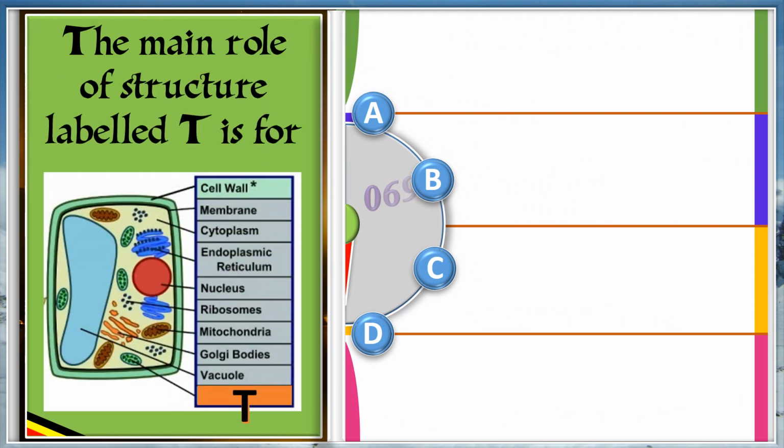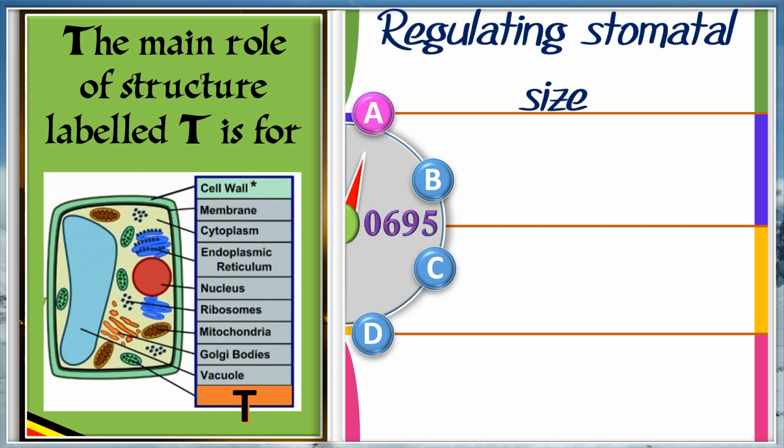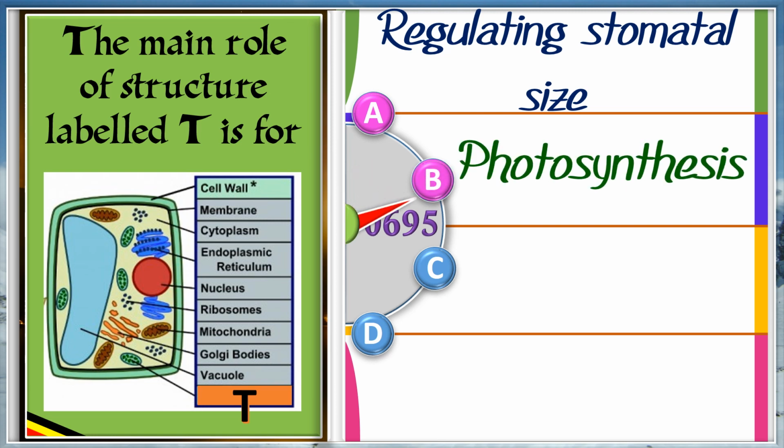The main role of the structure labeled T is for, let's look for T. T is down there. A. Regulating stomata size. B. Photosynthesis.